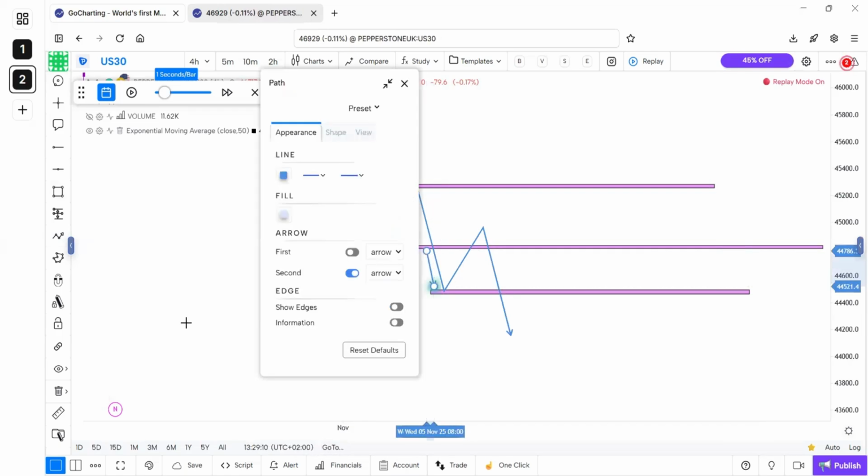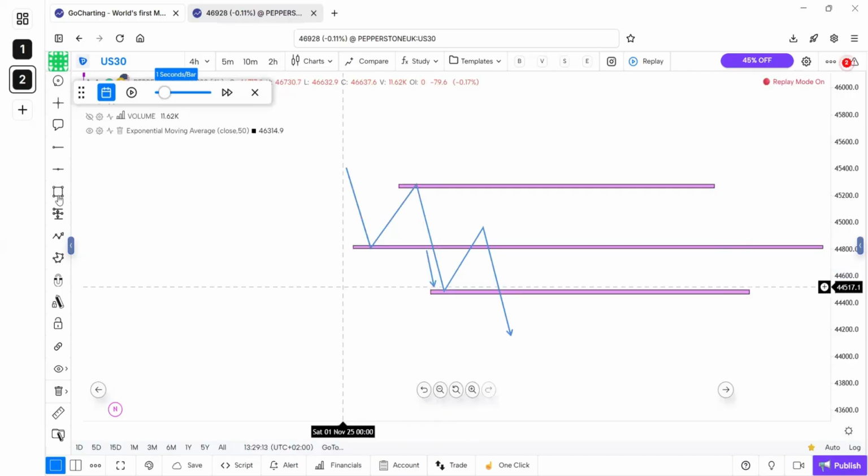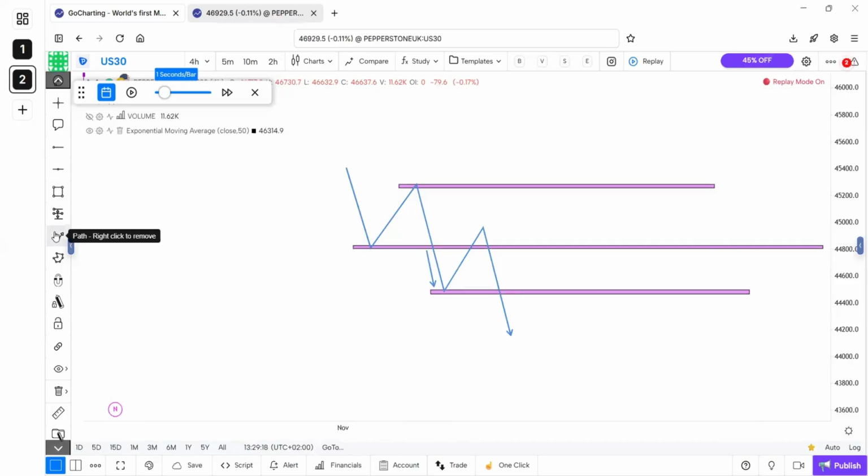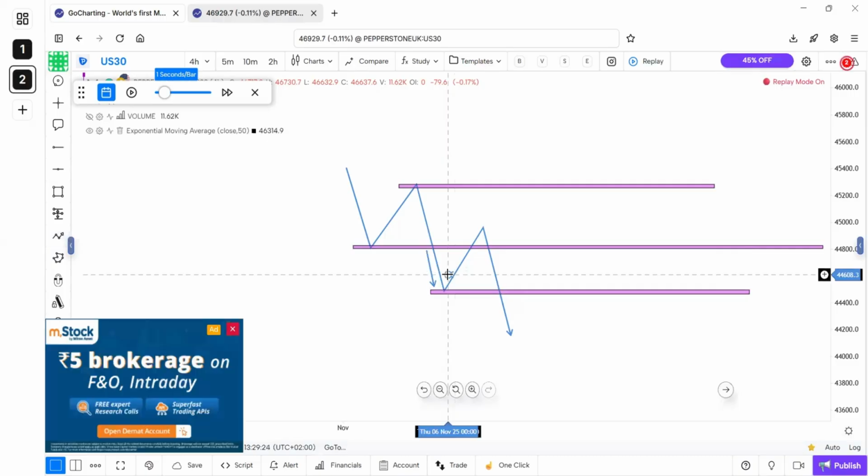So we have sellers in here, right? That's an indication. So after an indication happens, what comes next is the correction. The correction is a pullback, market retest, okay, coming into this zone.